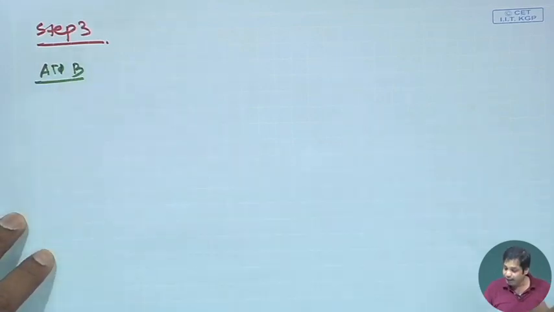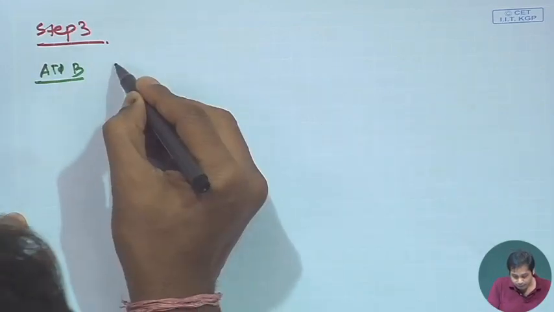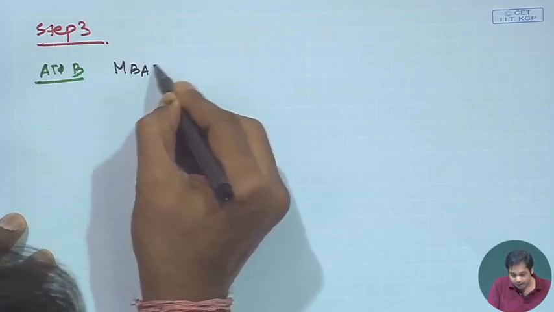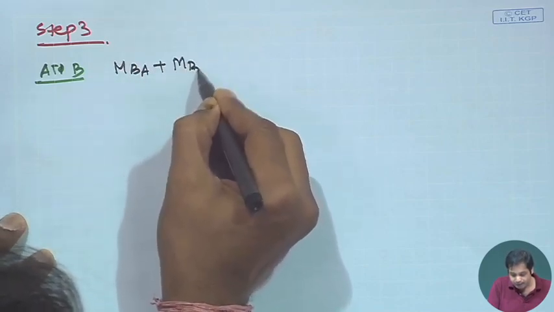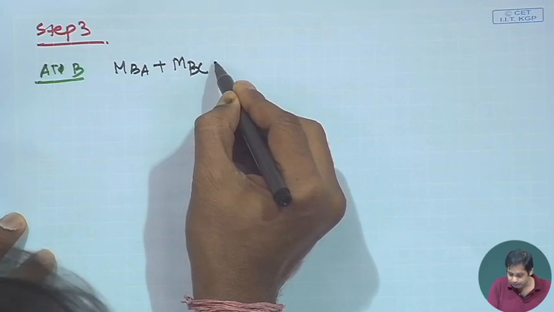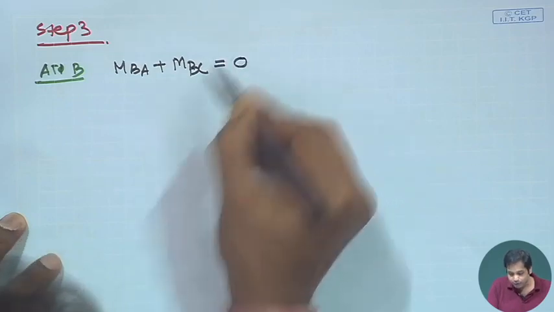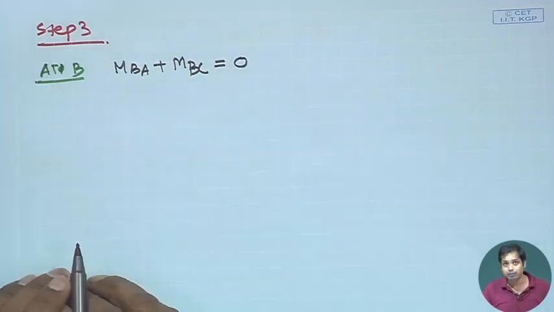Equilibrium at B: we know that MBA plus MBC should be equal to 0.